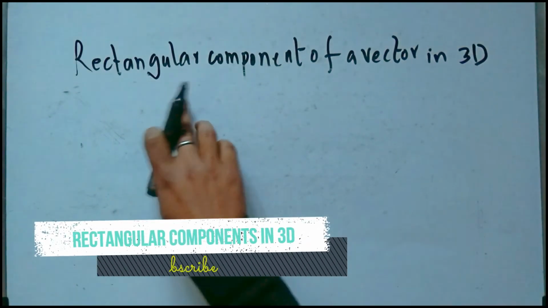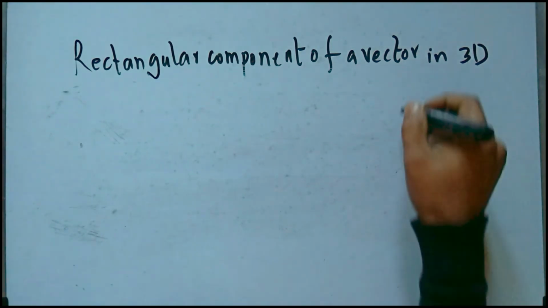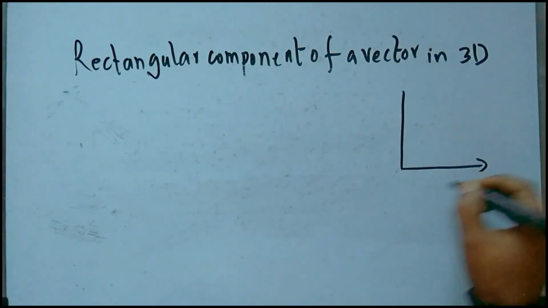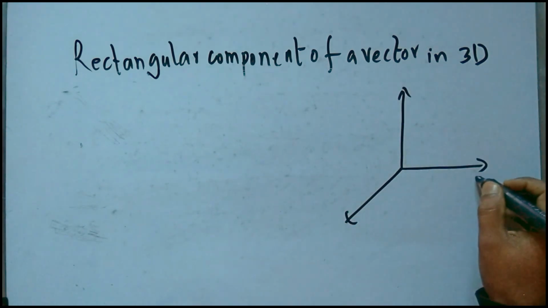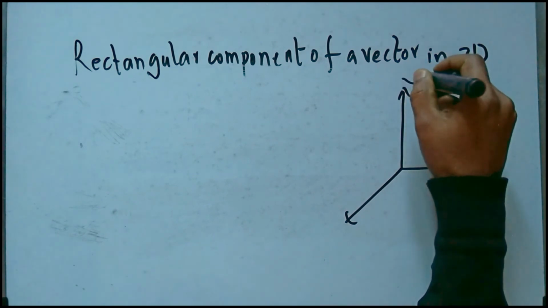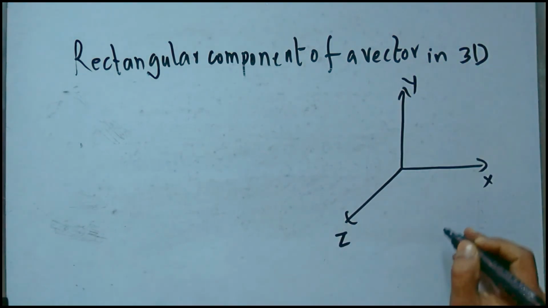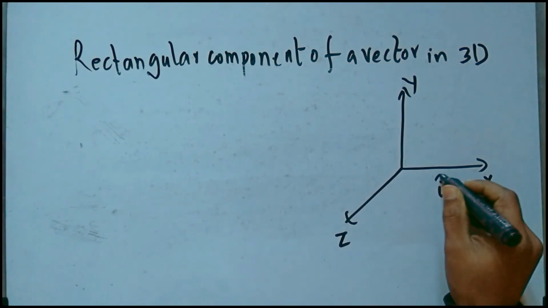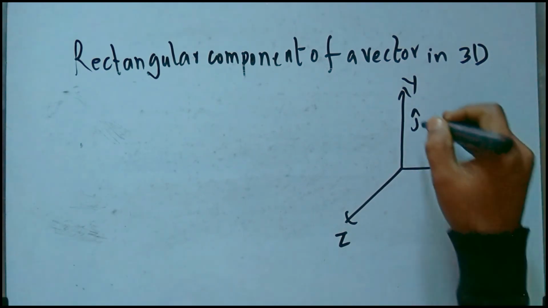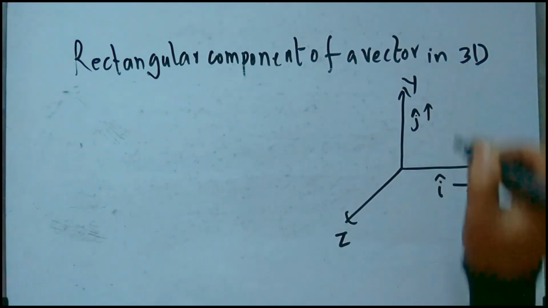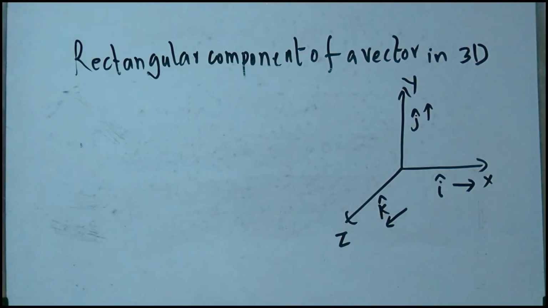Now I'll try to find rectangular components of a vector in three-dimensional coordinate system. Let this be x-axis, this be y-axis and this be z-axis, whereas i cap is the unit vector along x-axis, j cap is the unit vector along y-axis and k cap the unit vector along z-axis.